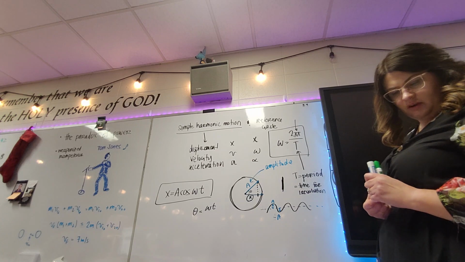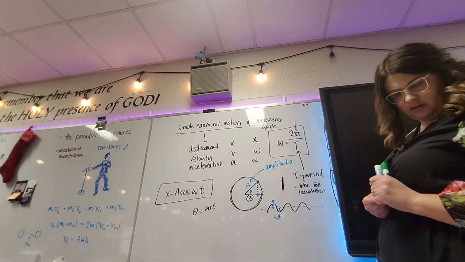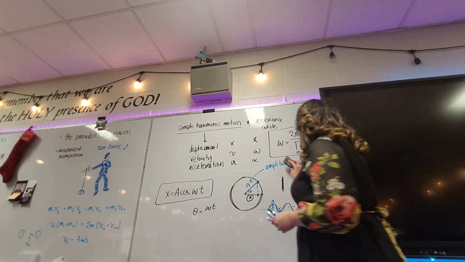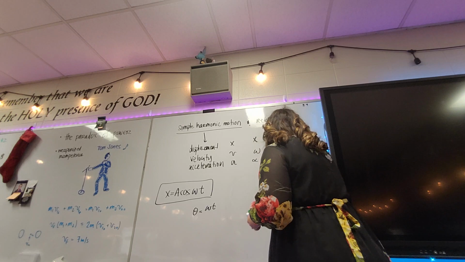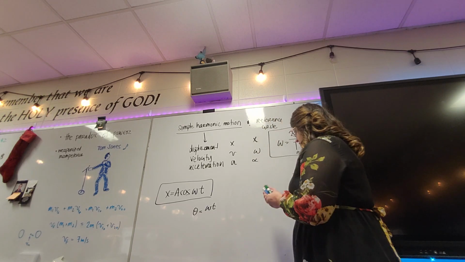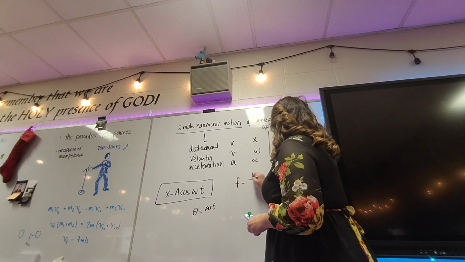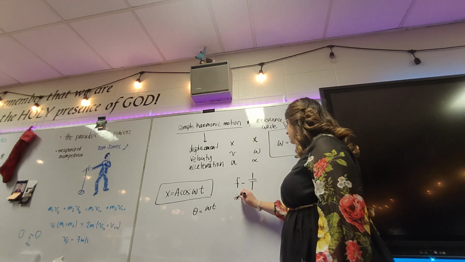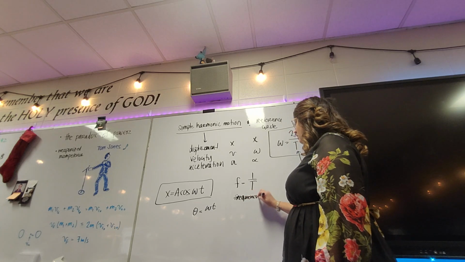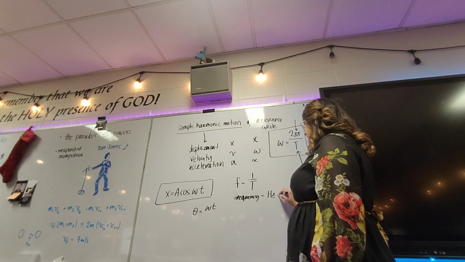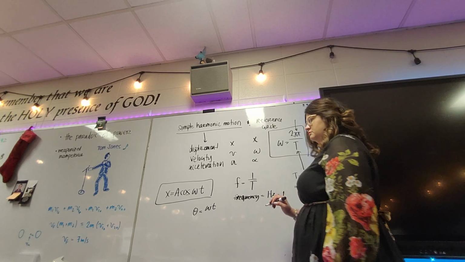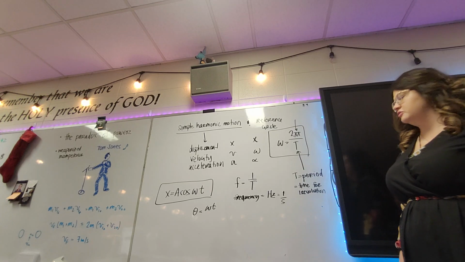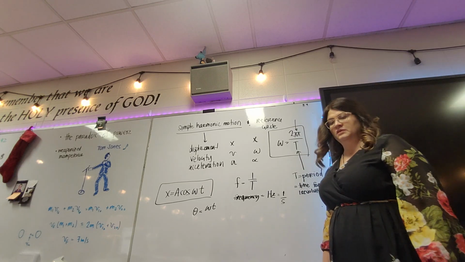Okay, a couple of things that you need to know: frequency and period are related. Frequency and the period are reciprocals of each other, inversely proportional. Frequency's unit is always hertz, which is the same thing as 1/second.